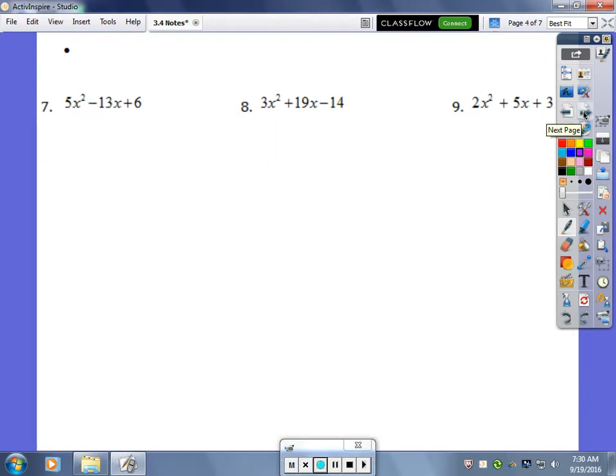So after we have found the greatest common factor, sometimes we still have trinomials where a, in other words, the coefficient of our square term, is greater than 1, not just 1 as in the examples that we saw before. And then we have to factor by grouping.